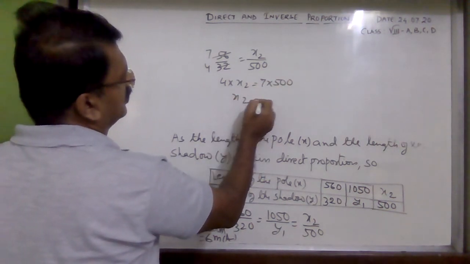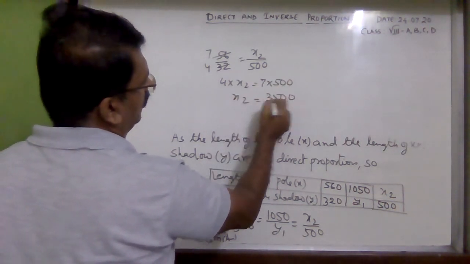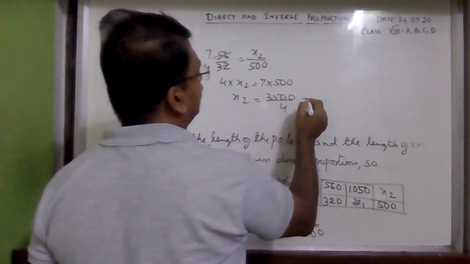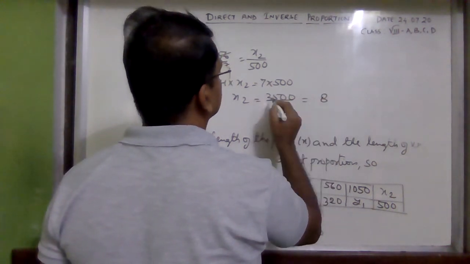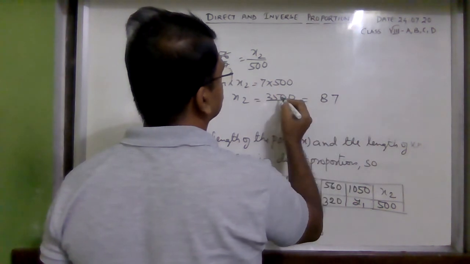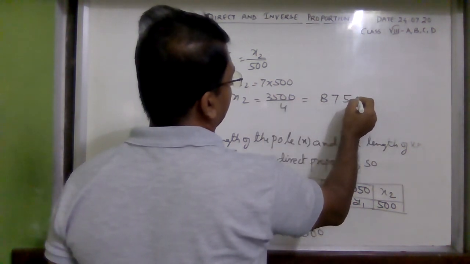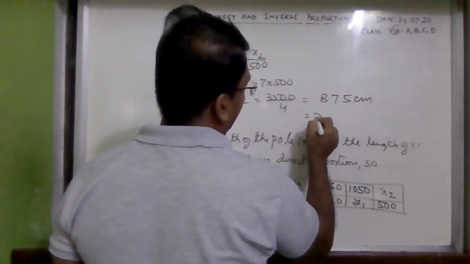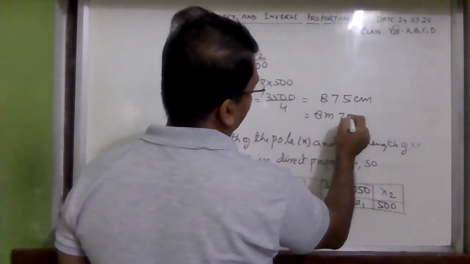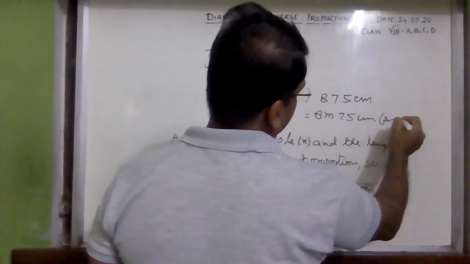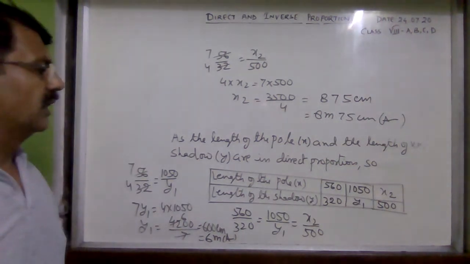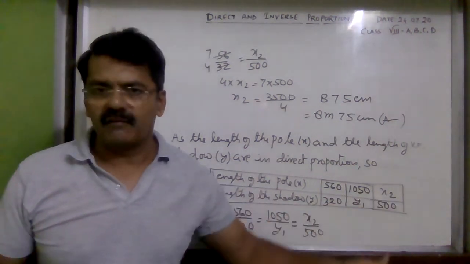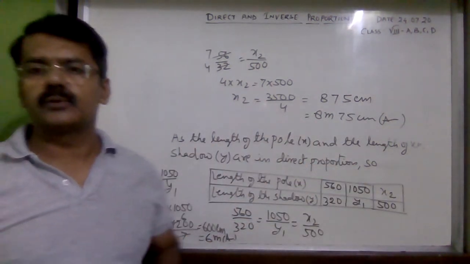So x2 is equal to 3500 upon 4. Now when you divide, 875 centimeter means 8 meter 75 centimeter. That is the length of the pole when the length of the shadow is 5 meter. So these are the answers to the two parts.